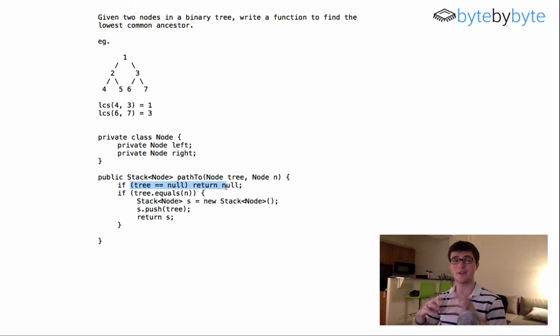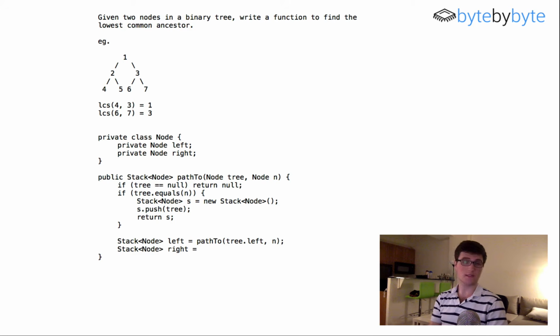And if the other one is non-null, then I'm going to take that stack that gets returned, push on the current value, and return it up the stack. So those are basically our two options here. And so I'll say that the stack, I'm going to call it stack left, and that's going to be path to tree.left and n. And then I'm going to do stack right.